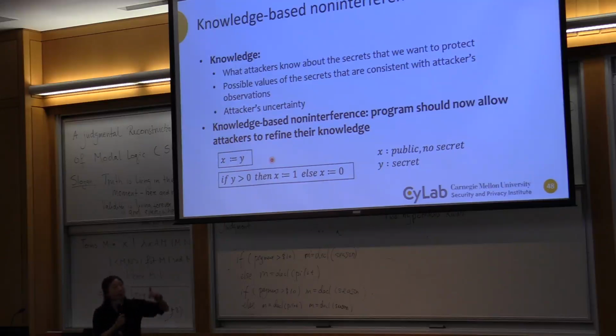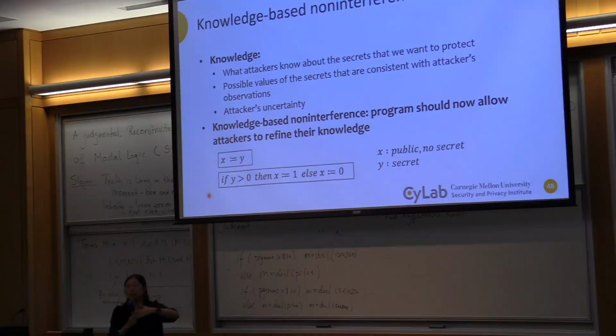So you can see that this program, if I try to enforce strict non-interference, is leaking information, since the attacker gets to refine the knowledge. The next program also does not satisfy strict non-interference. Initially Y again has 2 to the 32 possibilities. After the program finishes, by looking at what X is, the attacker can cut the knowledge by half.